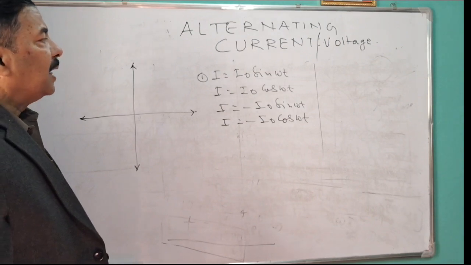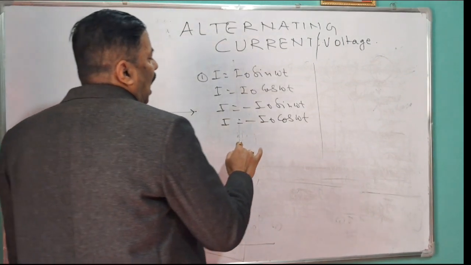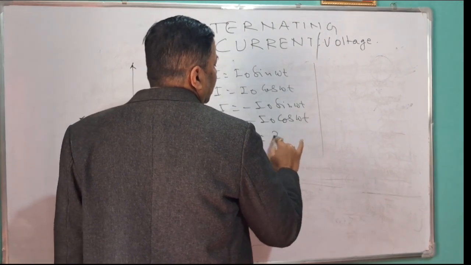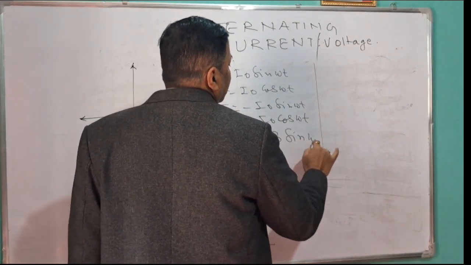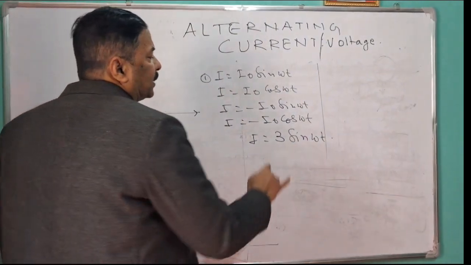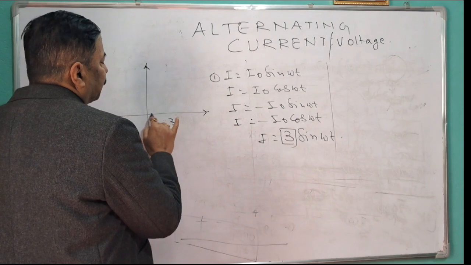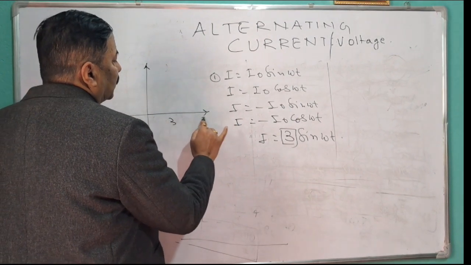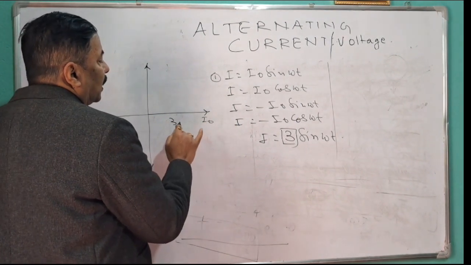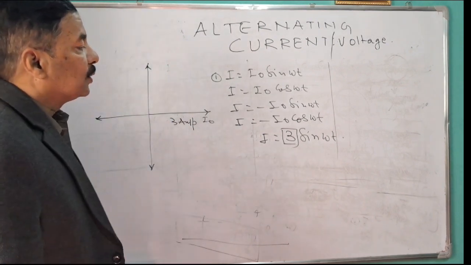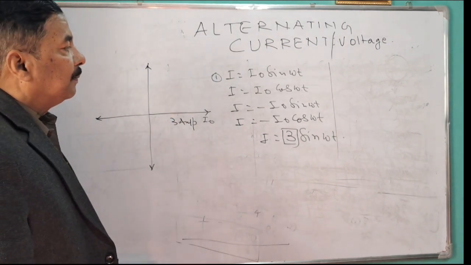Suppose I am writing I is equal to 3 sine omega t. So here is the peak value. I am taking the value 3. This value I naught is equal to 3 ampere, and this will be representing I is equal to 3 sine omega t.